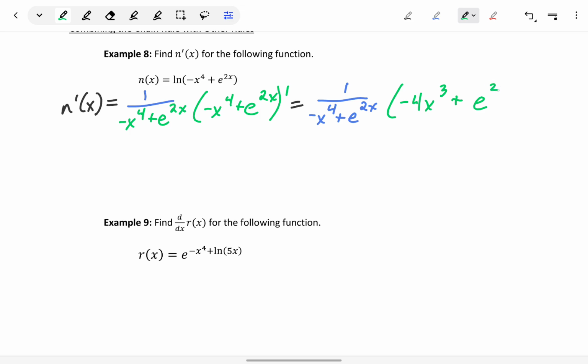So this will become e to the 2x times the derivative of 2x.